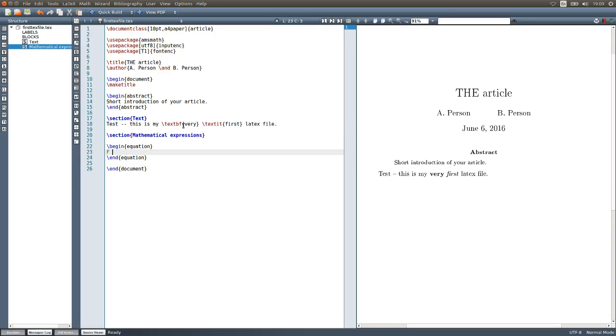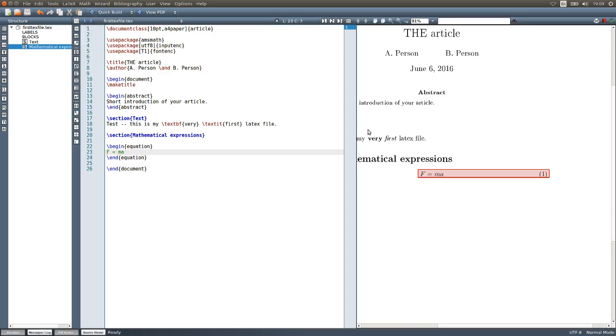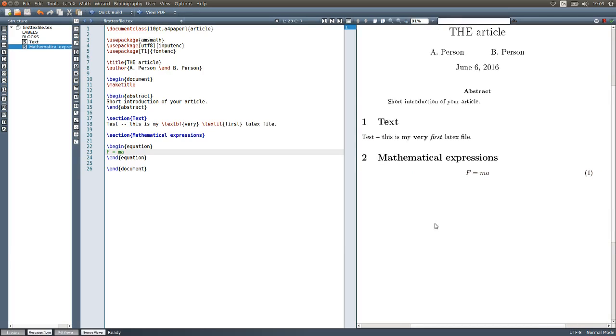We can start with something very simple such as F equals ma. If we build this, we'll see that the mathematical expression comes centered in the page and numbered. On the right side of the page there's a number referring to this equation.